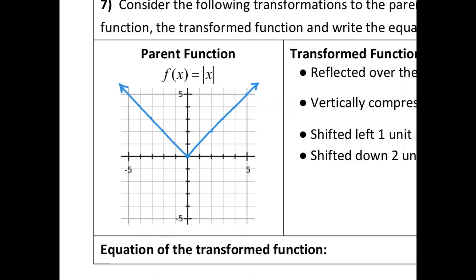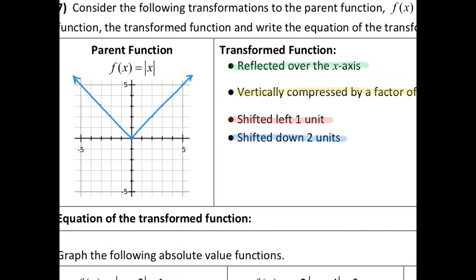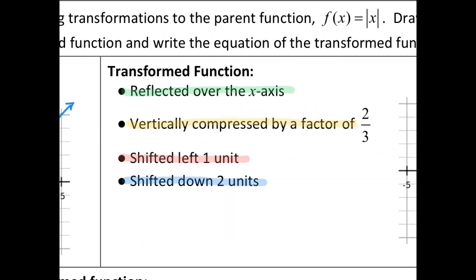And what we want to do to that graph is take that same graph, reflect it over the x-axis, vertically compress it by a factor of 2/3. We want to shift it left 1, and we want to shift it down 2. So remember that reflected over the x-axis is going to make that V shape open down instead of up.